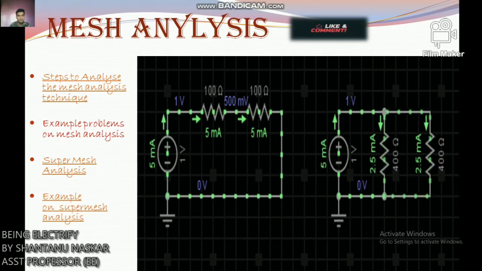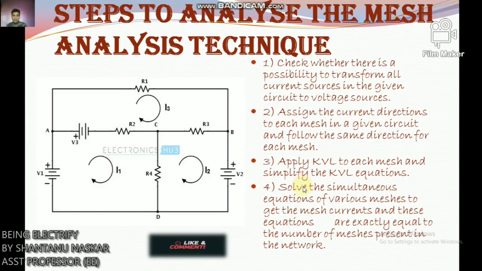So first we will go through the steps. Please go through this picture and just listen to my voice. Number one, check whether there is a possibility to transform all current sources in a given circuit to voltage sources. Number two, assign the current direction to each mesh in a given circuit and follow the same direction for each mesh.